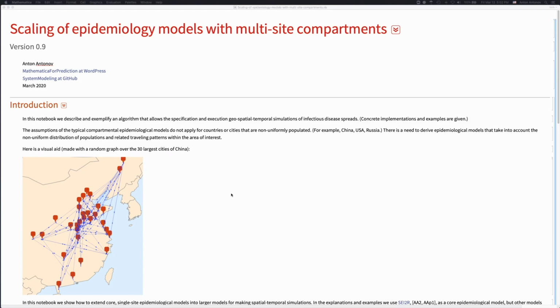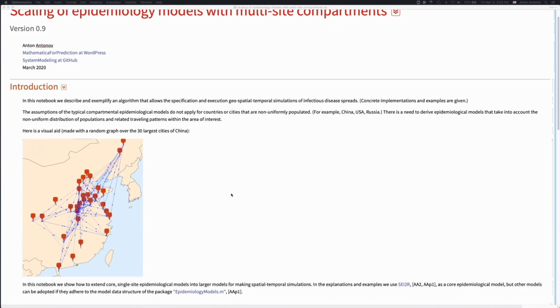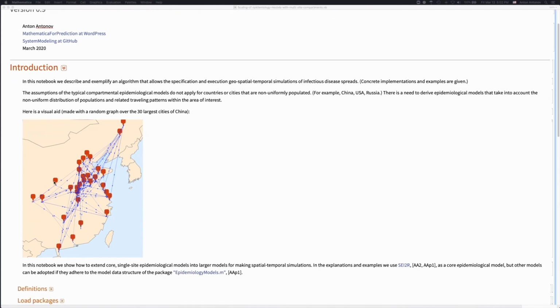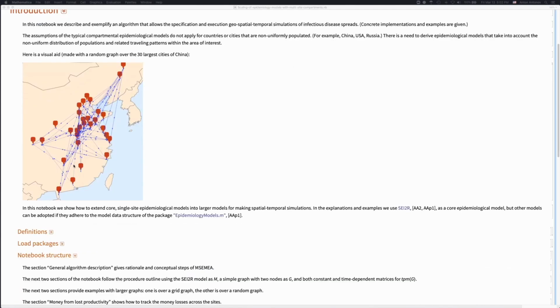In this session, we are going to consider an extension of the standard compartmental epidemiological models. And this extension is going to be through scaling of those models at different sites. This here is a visual aid.